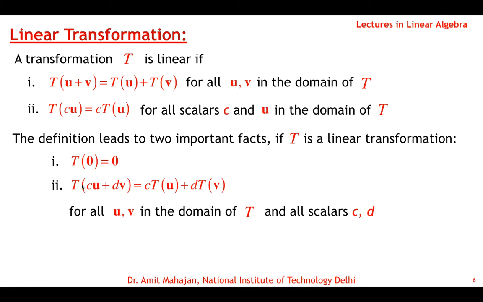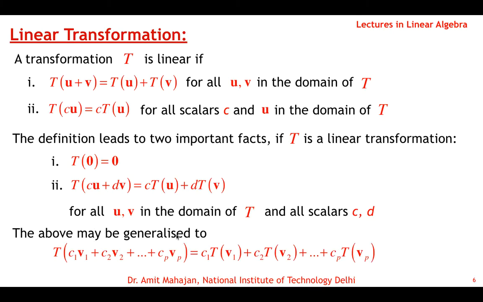And this second result can also be generalized for more vectors. So the above may be generalized to p vectors or any number of vectors. So it says that the transform of a linear combination of p vectors is the same as the linear combination of the transformed vectors. Okay, so this is the generalization of this result.